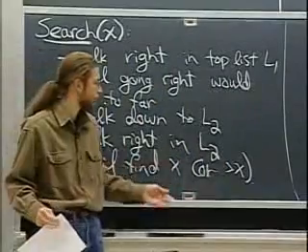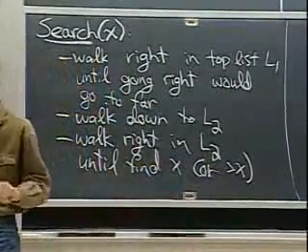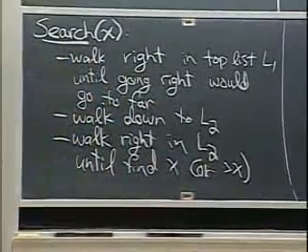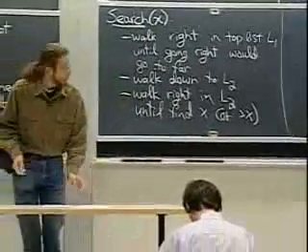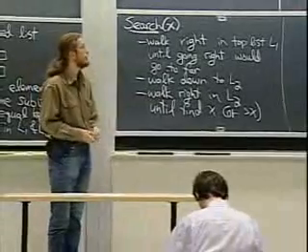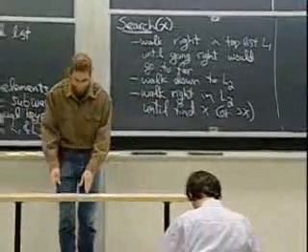If you didn't find where X was, you should find where it would go if it were there, because then maybe you could insert there. We're going to use this algorithm in insertion. Okay, but that's search. Pretty easy at this point.